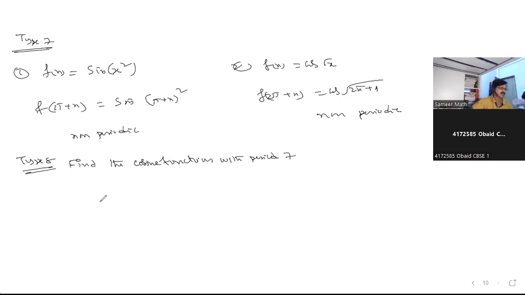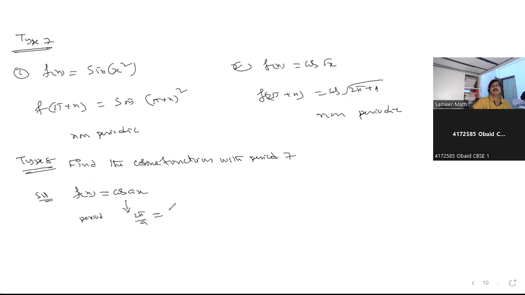As you know very well, cosine means cos ax. The required function is what we have to find. What is the period of this one? 2 pi by a is the period.